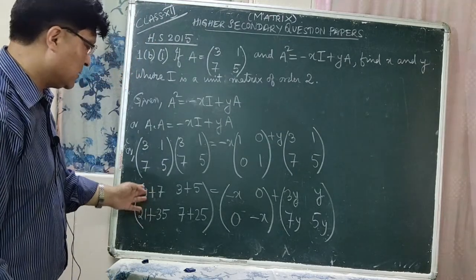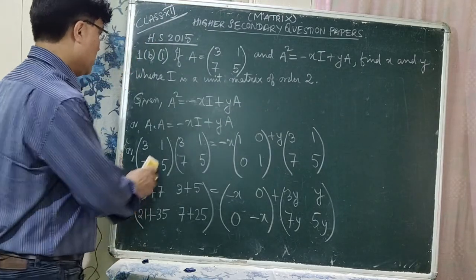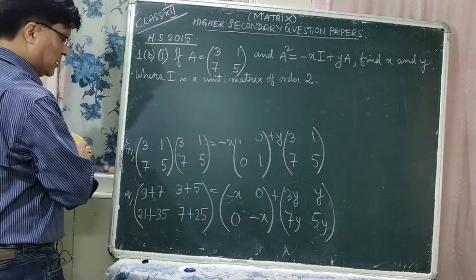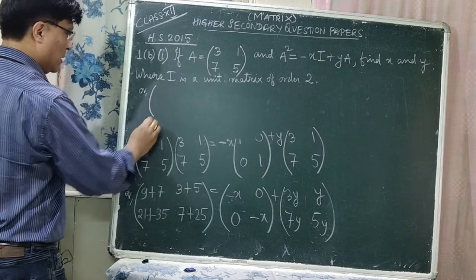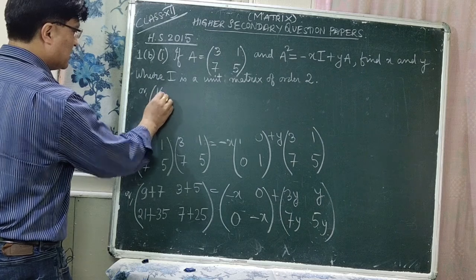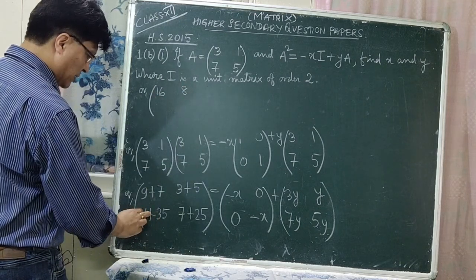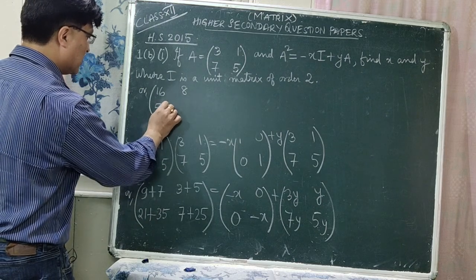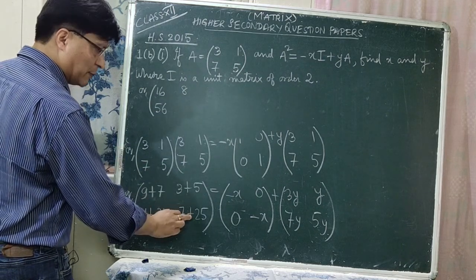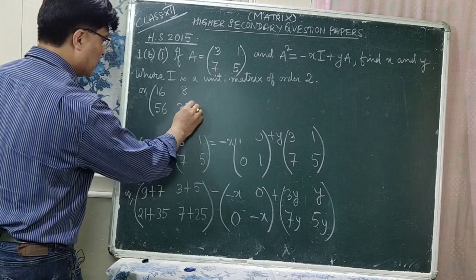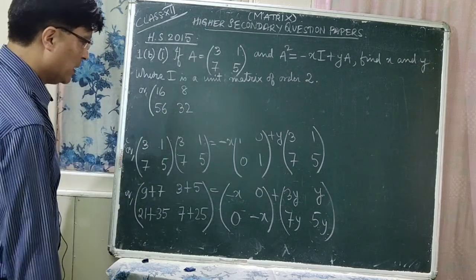Now you can add these elements here. 9 plus 7 is 16, 3 plus 5 is 8, 21 plus 35 is 56, 7 plus 25 is 32, right?